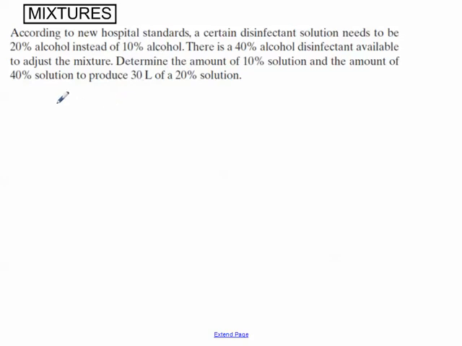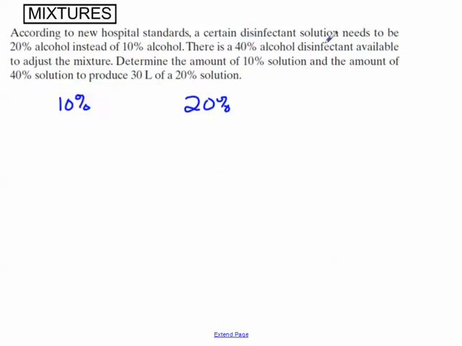So let's put over here a column for 10% solution. And it needs to be 20% solution, right? So we're going to put 20% solution over here, and we're going to add some 40% solution to adjust the mixture.